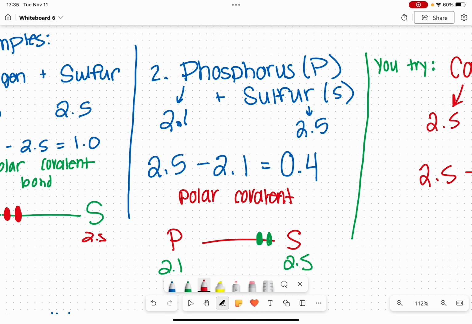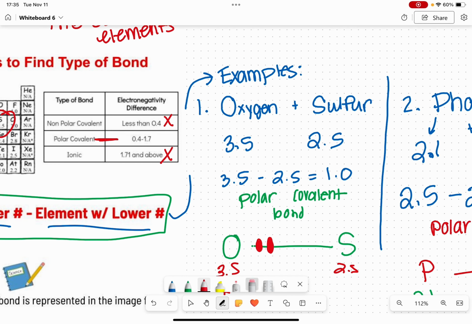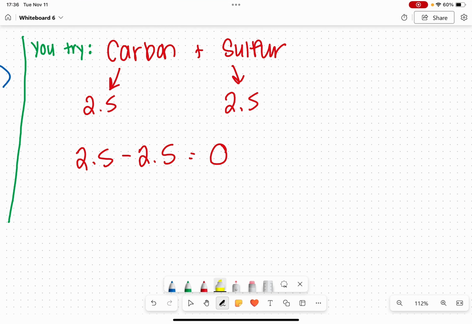I know on my chart that it is definitely not above 1.71, and it's not 0.4 to 1.7. 0 is less than 0.4, which makes this a nonpolar covalent bond.